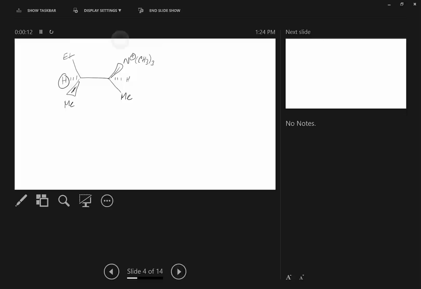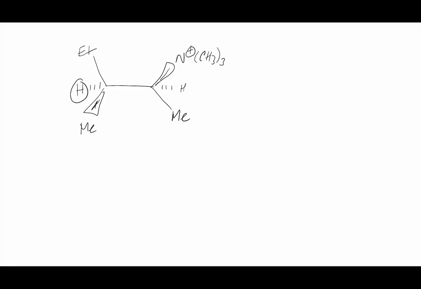So I've got to put them anti-periplanar. Let's just use the existing structure here. I'm going to rotate groups. Let's rotate the nitrogen down to the methyl group, and then rotate the methyl group back into the hydrogen and rotate the hydrogen up where the ammonium was.